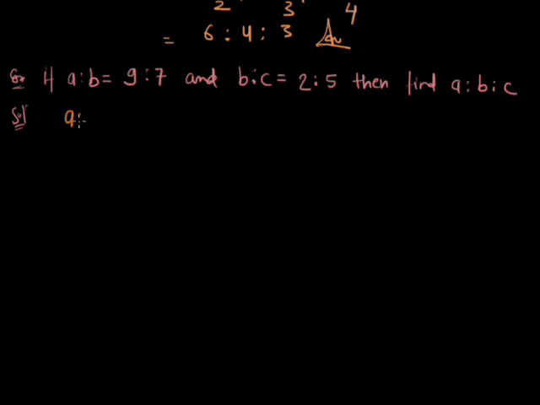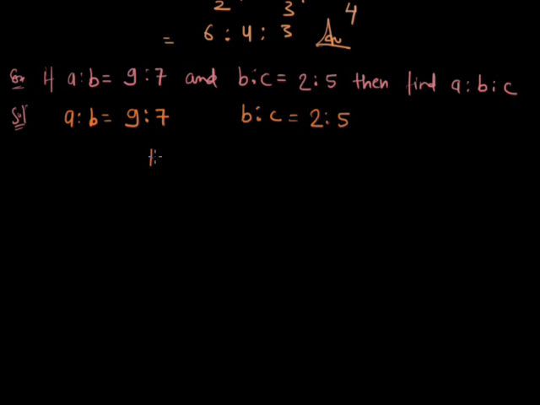A is to B is given 9 is to 7 and B is to C is given 2 is to 5. B is common in both terms. So what is the ratio for B? Here it is 7 and here it is 2.